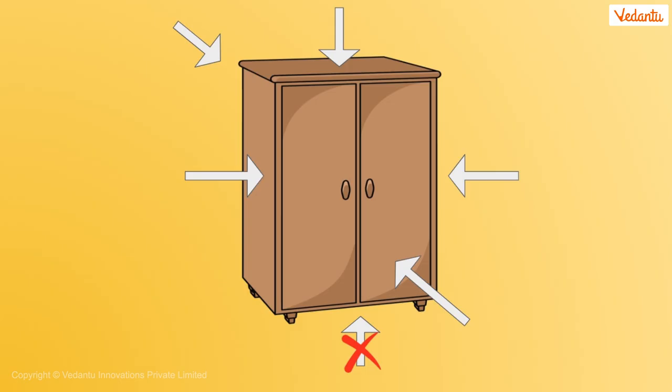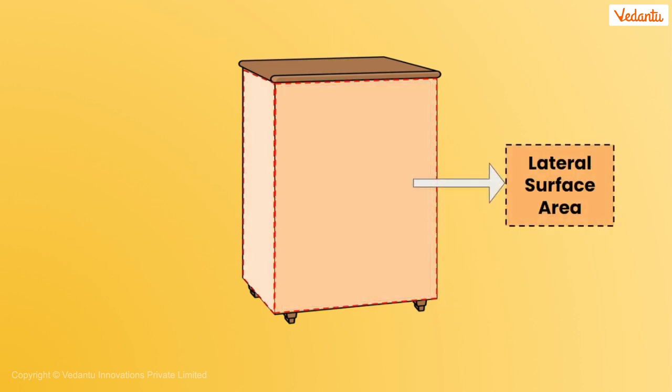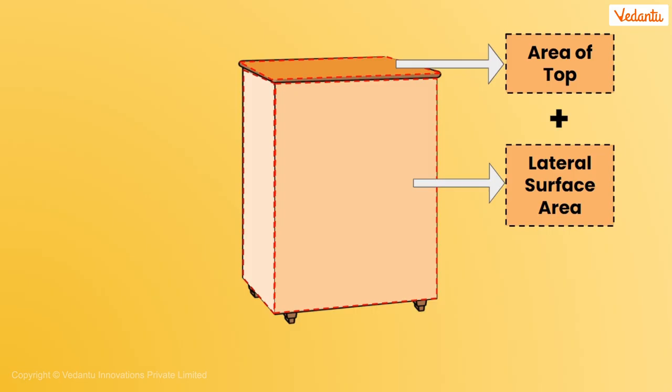We will only paint the 4 surfaces and the top one. We are not going to paint the base one. So check, I'm going to paint 5 faces. So can we find the area of these 5 faces? Yes, it will be the lateral surface area plus the area of the top surface.